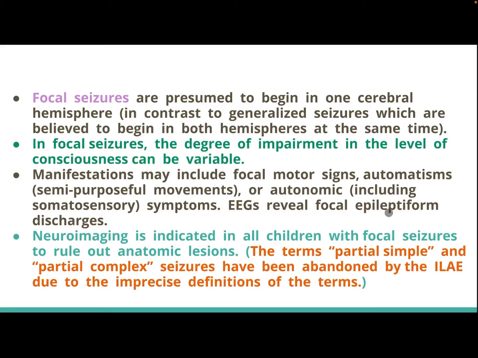EEG reveals focal epileptiform discharge. Neuroimaging is indicated in all children with focal seizure to rule out anatomic lesion. The terms partial simple and partial complex seizure have been abandoned by the ILAE due to imprecise definition of the terms.